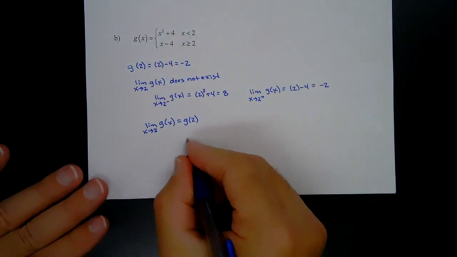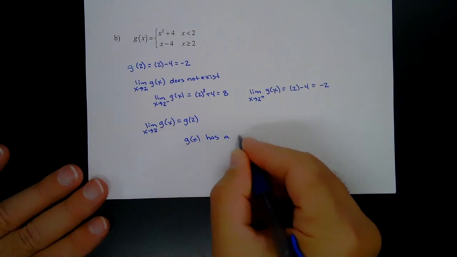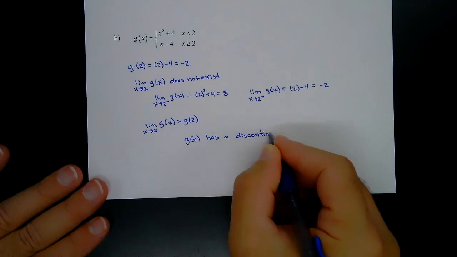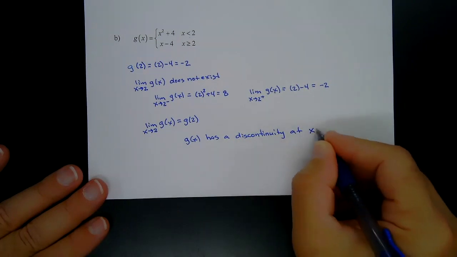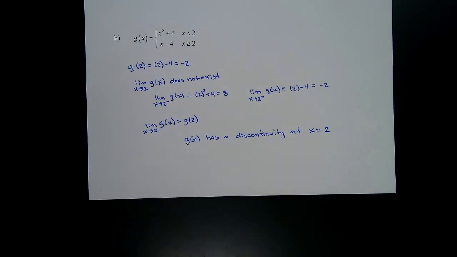Okay, so g of x has a discontinuity at x equals 2.